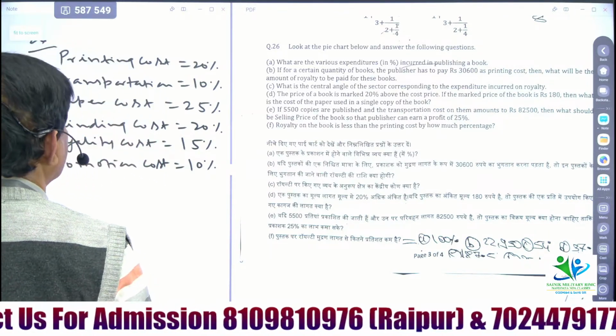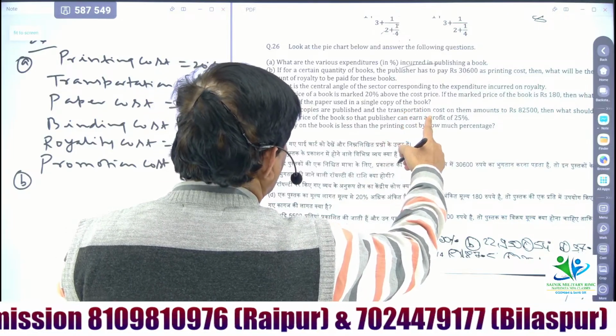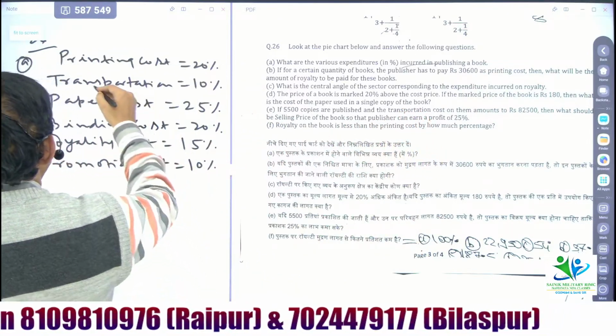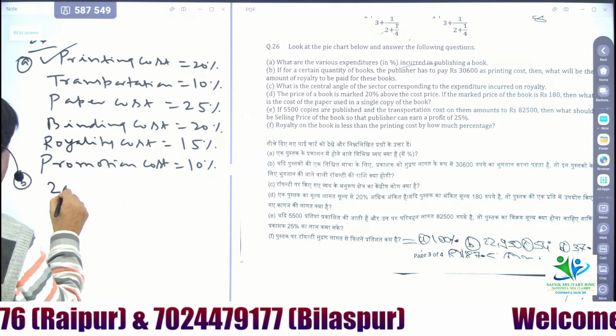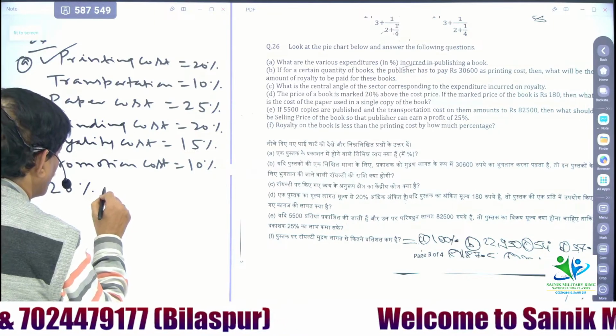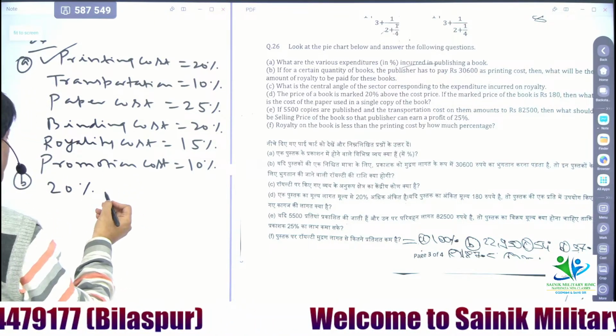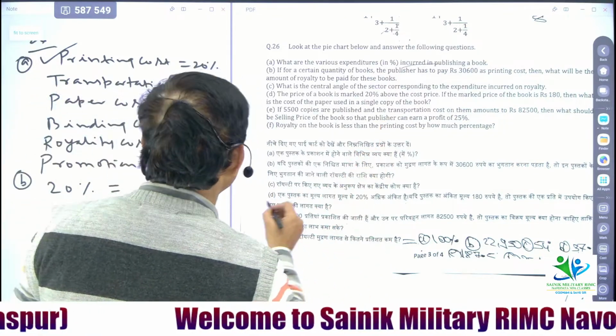Amount of royalty. Printing cost is given. Has to pay printing cost. Printing cost is 20%. Simply you can find like this, 20% is equal to 30600.